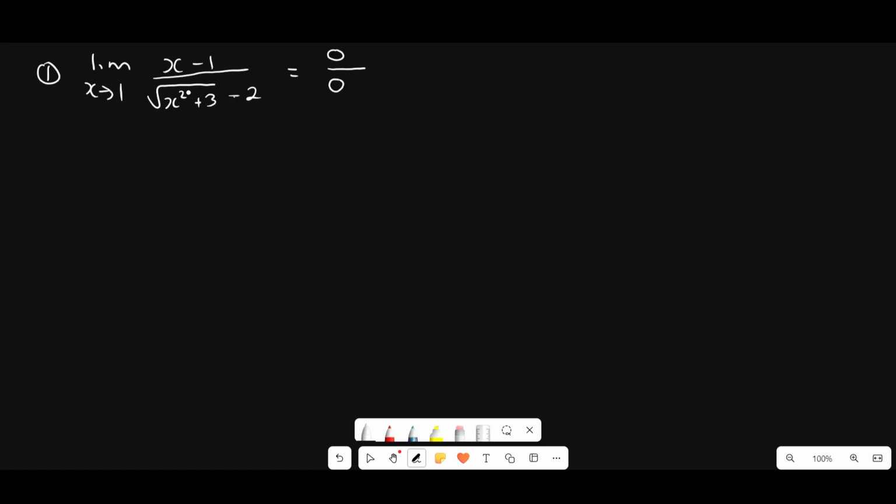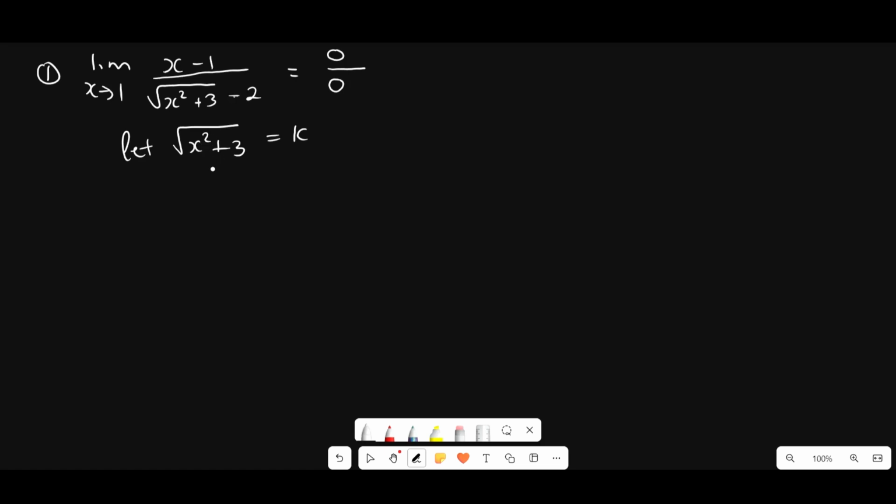So in this case, I cannot let this thing here be equal to a variable, let me just show you what I'm talking about. So if you say, let's say the square root of x squared plus 3 is equal to, let's say, k, we will have to square both sides.